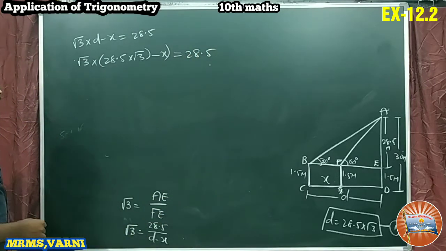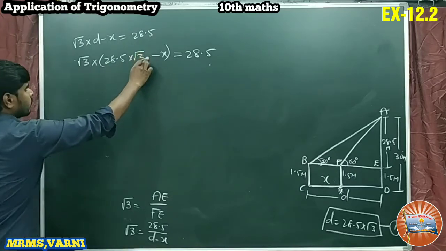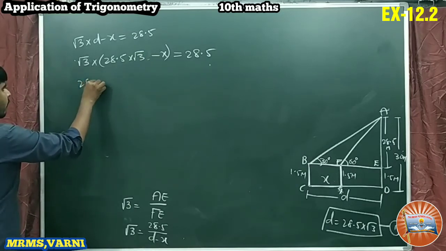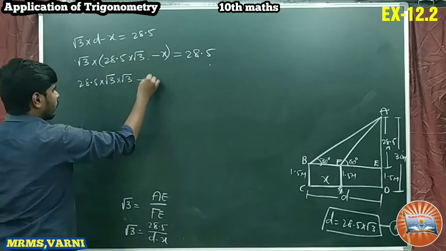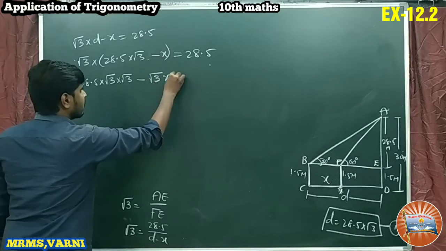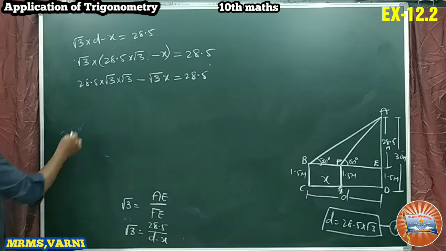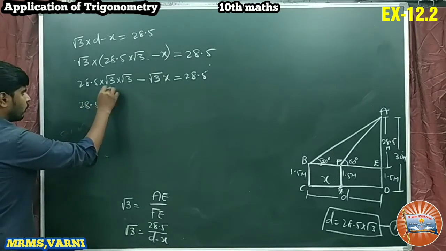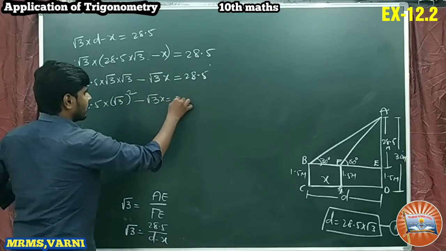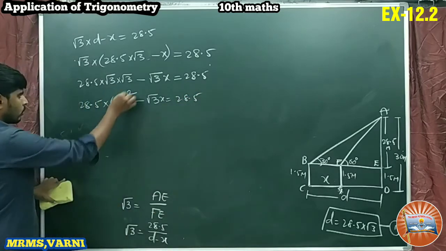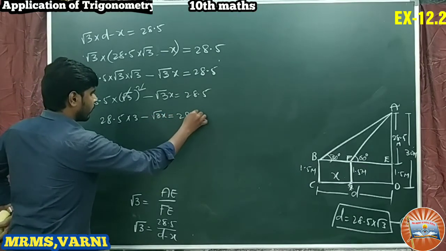Multiply with this: 28.5 into root 3 into root 3 minus root 3 into X is equal to 28.5. So root 3 whole square becomes 3, minus root 3x, as it is 28.5.